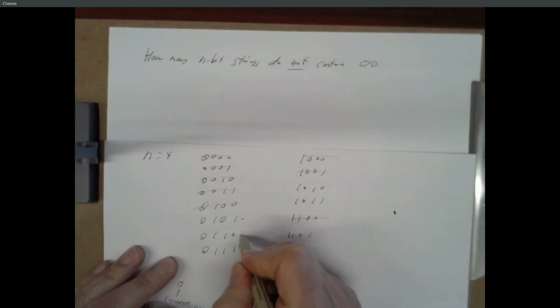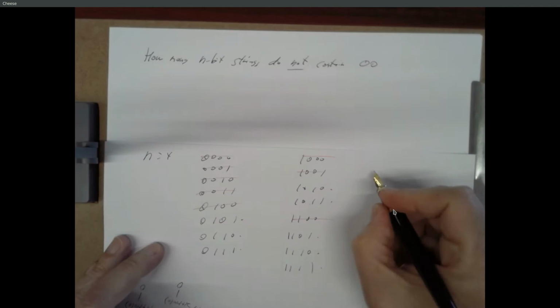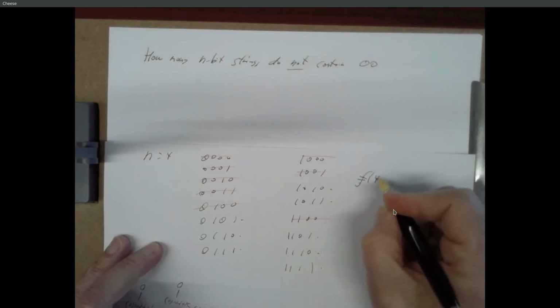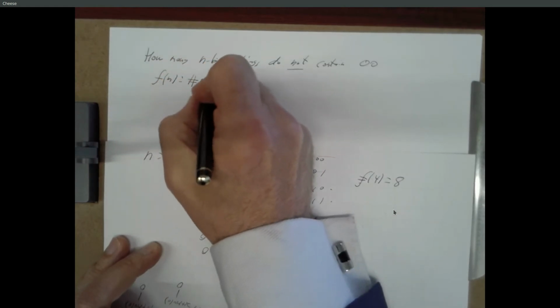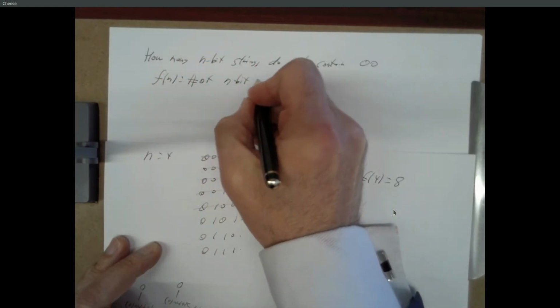And I think that's all of it. So we're left with 1, 2, 3, 4, 5, 6, 7, 8. So f of 4 equals 8. So f of n equals the number of n-bit strings not containing consecutive zeros.